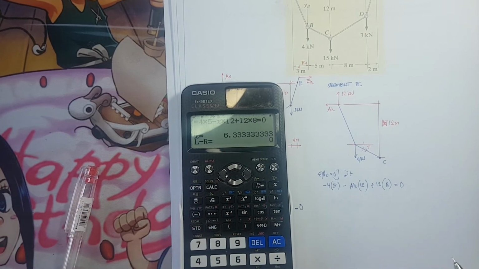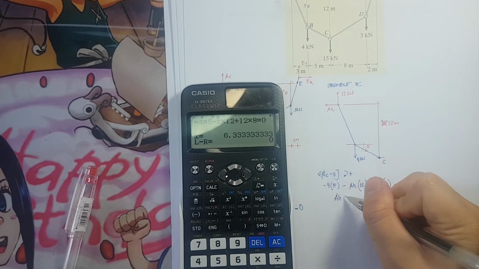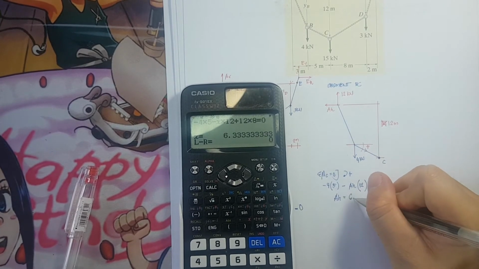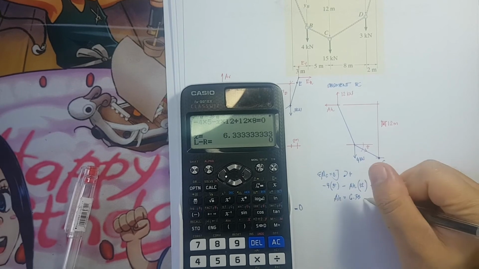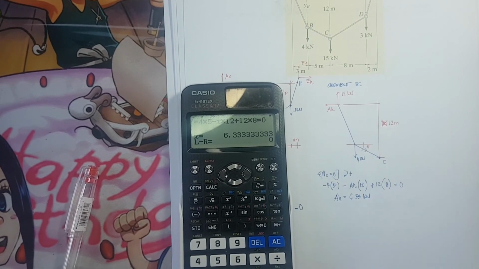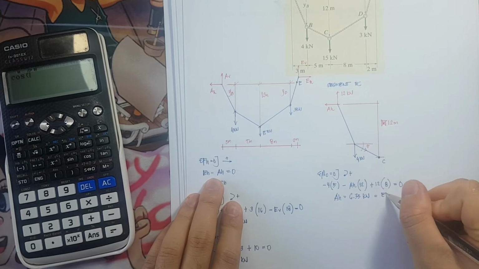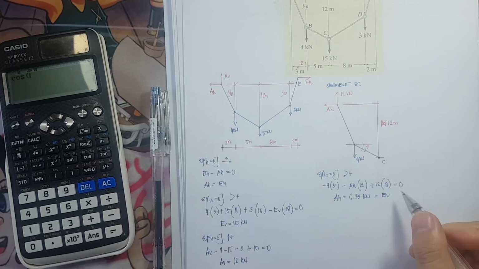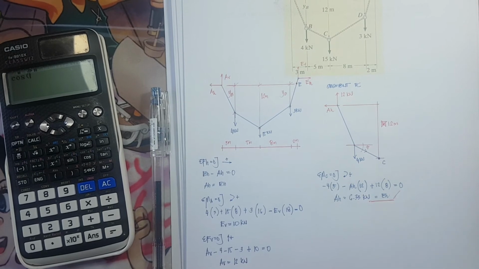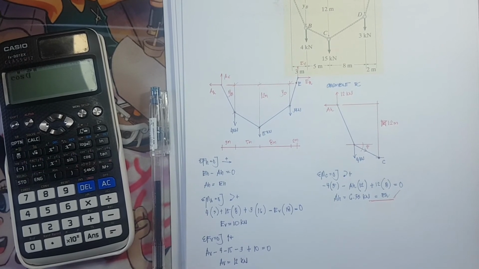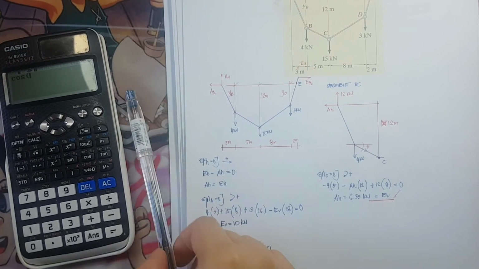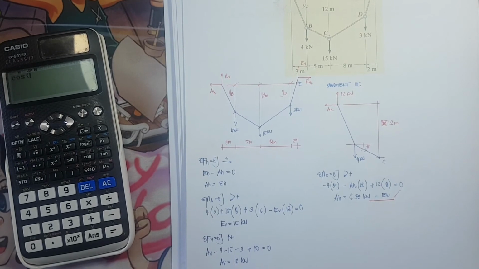Okay, so A horizontal is equivalent to 6.33 kilonewtons, and A horizontal is equivalent to E horizontal. They are the same. Of course, it is in tension. Next would be the summation of forces horizontal and the summation of forces vertical.